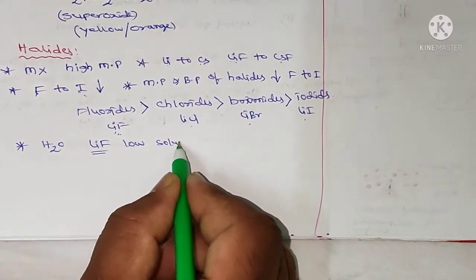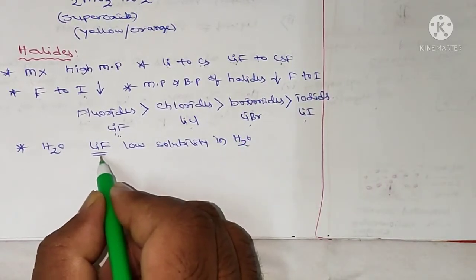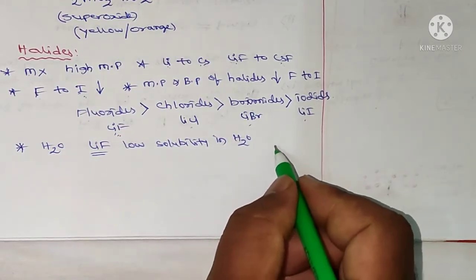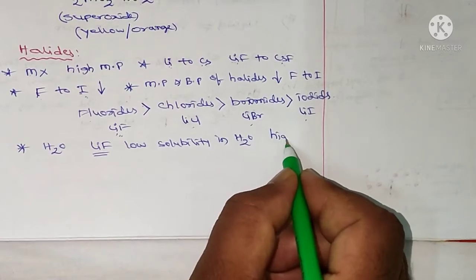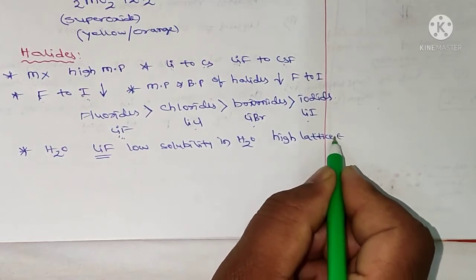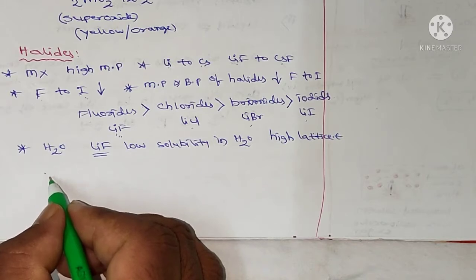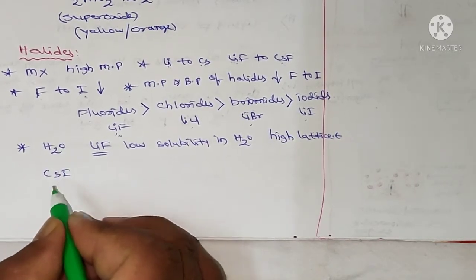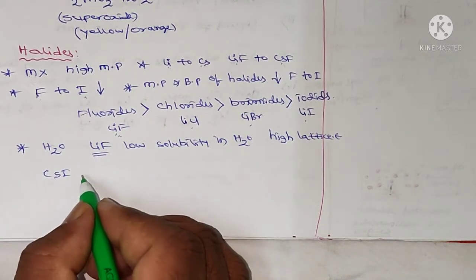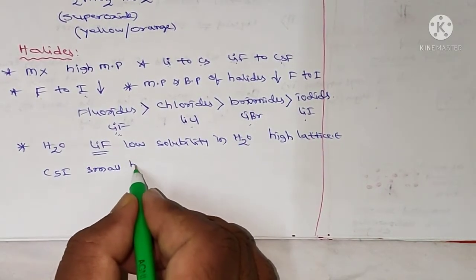Lithium fluoride is less soluble in water due to its high lattice enthalpy. Cesium iodide also has low solubility in water, due to its small hydration enthalpy.